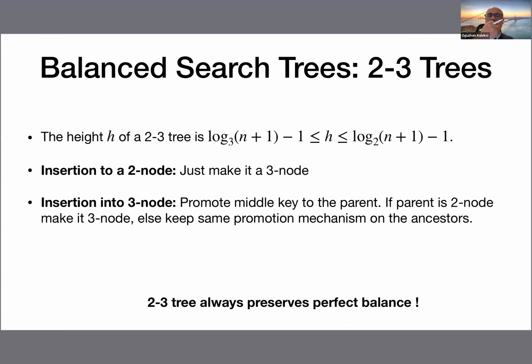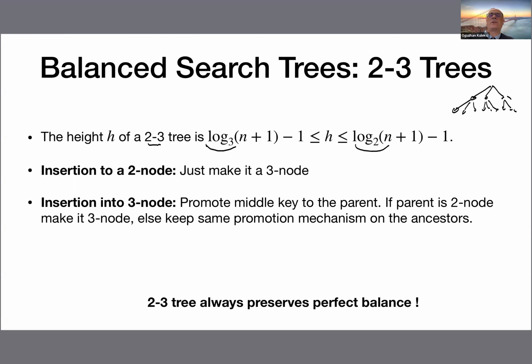First of all, the height of a 2-3 tree is in between log base 3 of n and log base 2 of n. That's easy to see. To have the shortest height in a 2-3 tree, I can assume that all the nodes are three nodes.